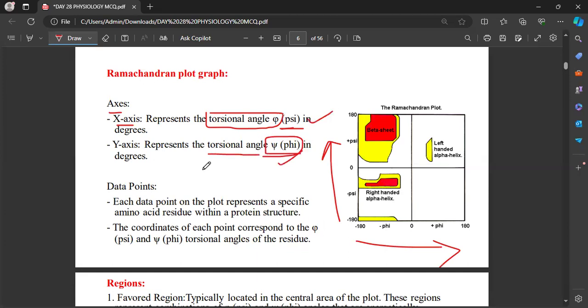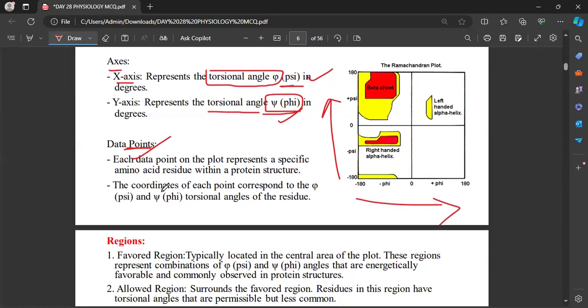The data points represent the amino acid residues present in this particular protein, and the coordinates of each point correspond to the phi and psi torsional angles of the residue. Through this, we can find what structure is present in this protein.